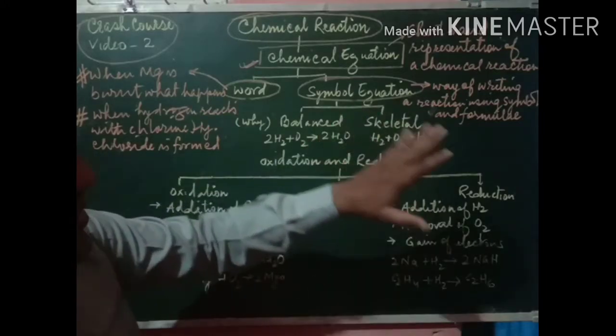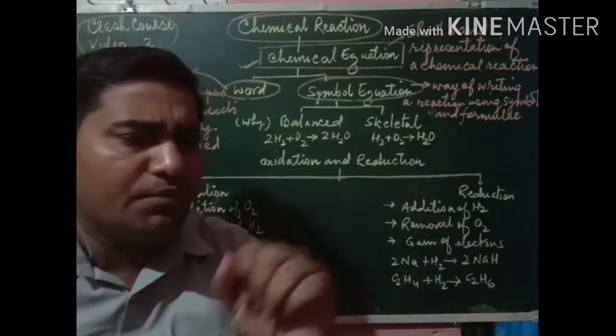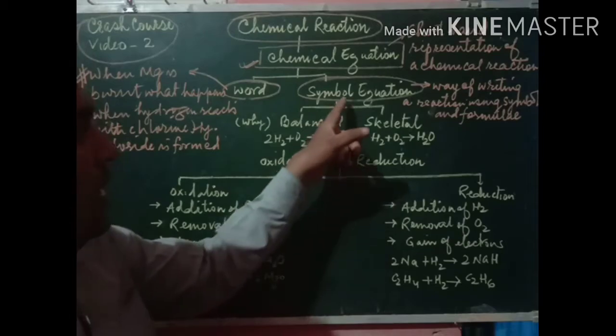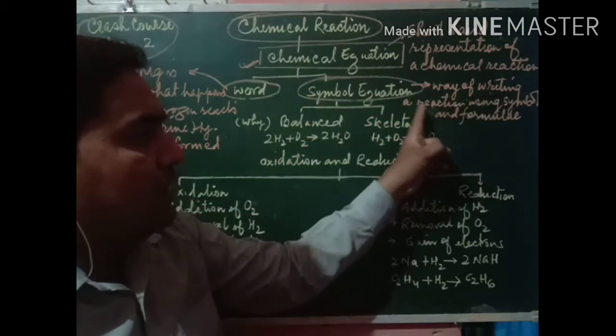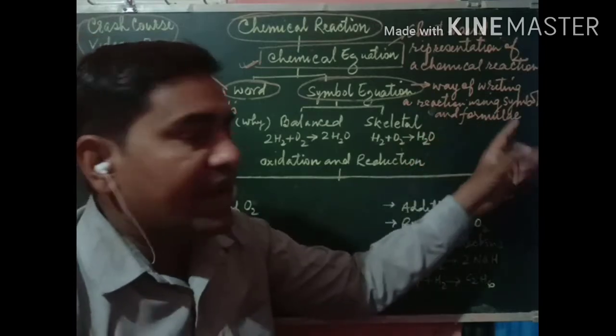So what is a symbol equation, students? If in a 1 mark question it is asked what is a symbol equation, then you will write: the way of writing a reaction using symbols and formulas.